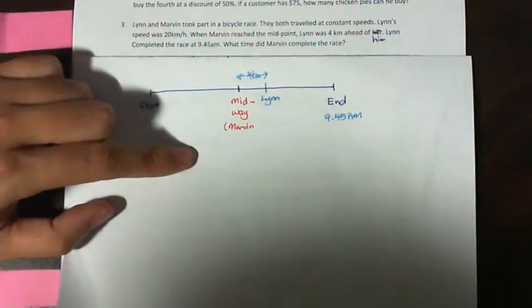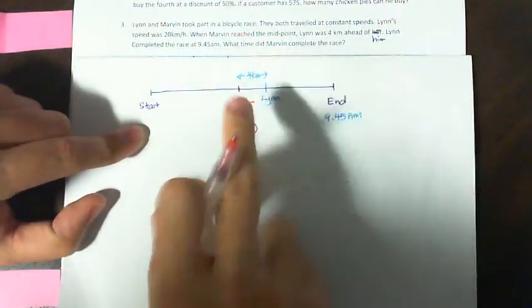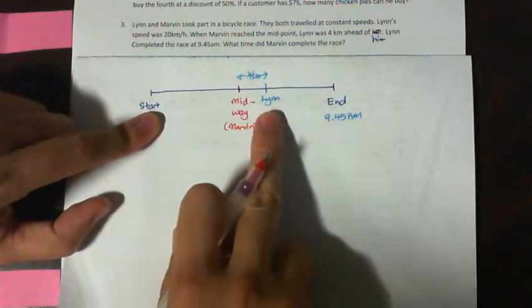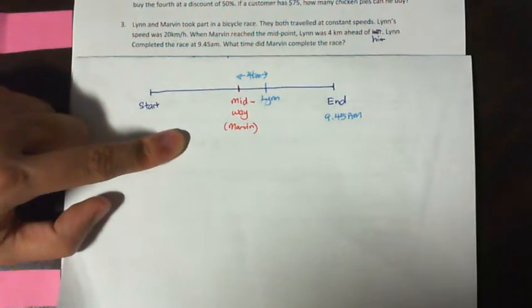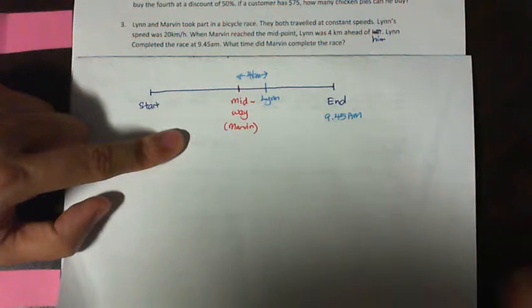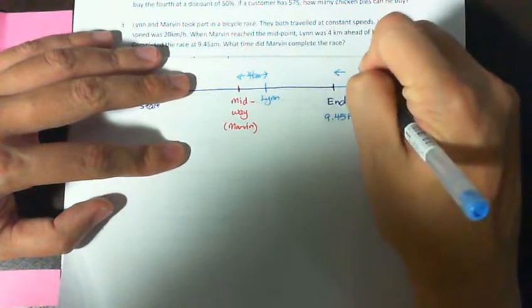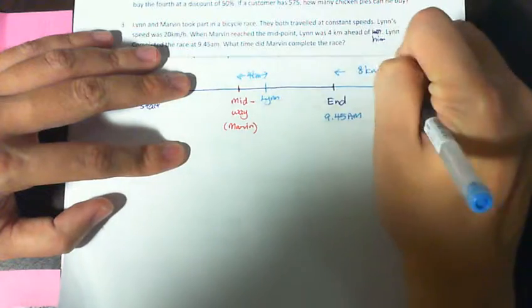But what I can tell is this. When Marvin is halfway through, Lynn was 4 km ahead. Now, if Marvin finishes, how far ahead would Lynn be if she had continued cycling? It makes sense, because it's simply double. So basically, Lynn will be 8 km ahead.